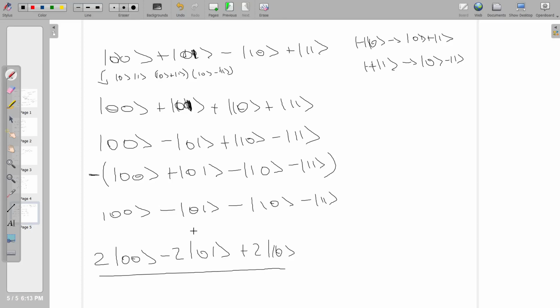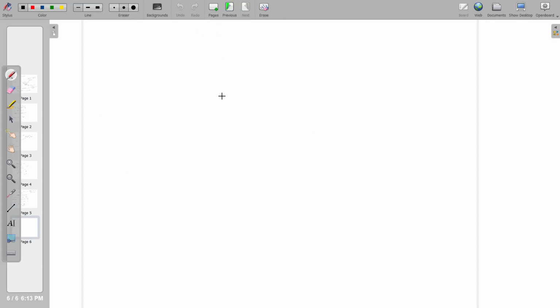So this is our state, the unnormalized state. Now let's feed it into this operator here. So we have 2, 0, 0, minus 2, 0, 1, plus 2, 1, 0. And keep in mind, this is our solution state.